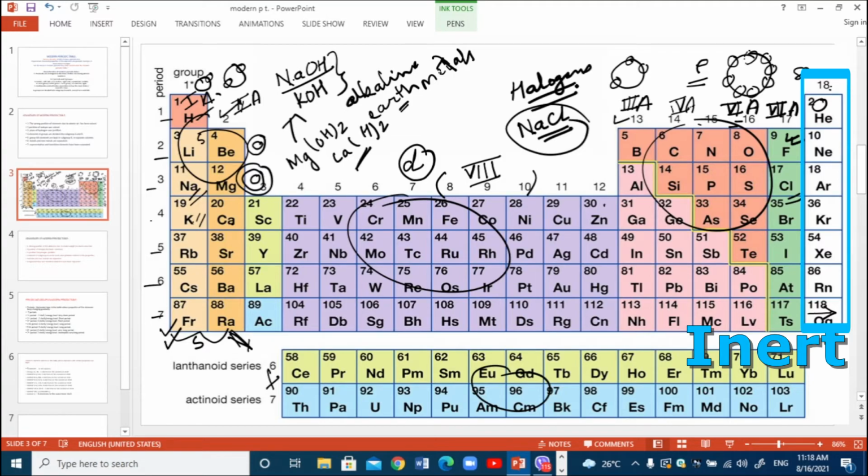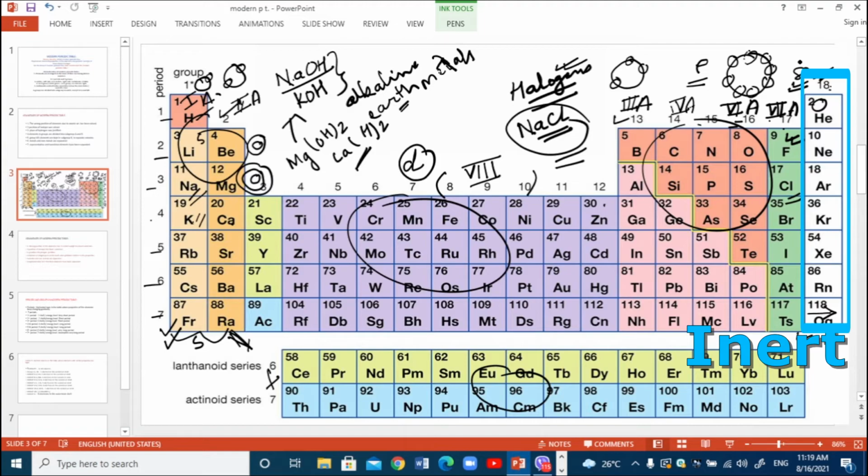Since they already have 8 electrons in their valence shell, they neither gain nor lose electrons in chemical reactions. Group 0 elements are helium, neon, argon, krypton, xenon, radon, also called inert gases or noble gases.